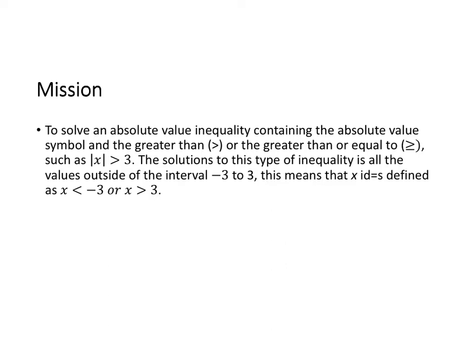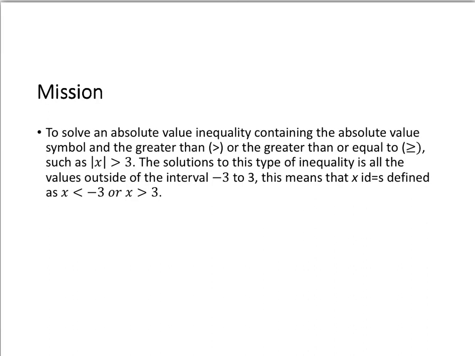Solutions to these types of inequalities are all the values outside the interval -3 to 3, as opposed to in between the interval -3 to 3. Less than was inside, greater than is outside. What this means is x is less than -3 or x is greater than 3.